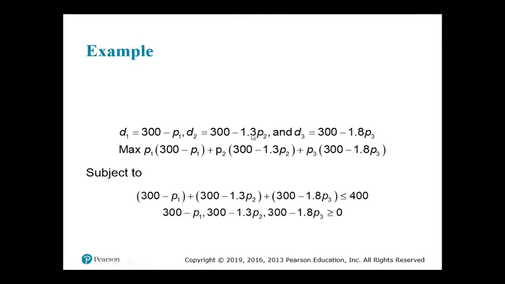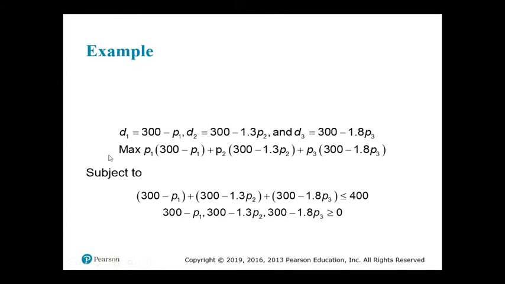So a simple example is when we have maybe 3 months in a selling season, and then each period has a different demand function. So you can see as time progresses, the demand is more and more sensitive to price.